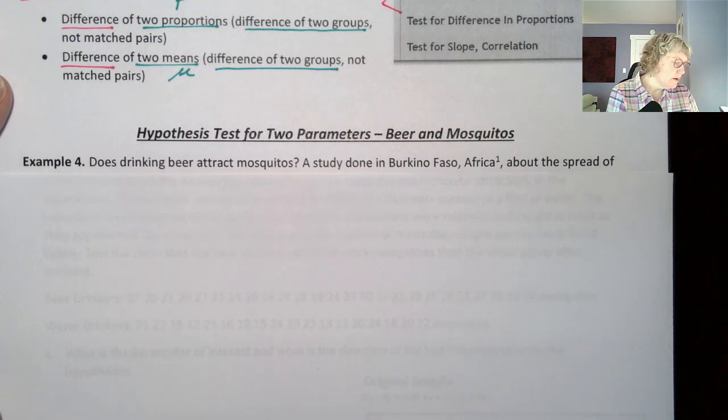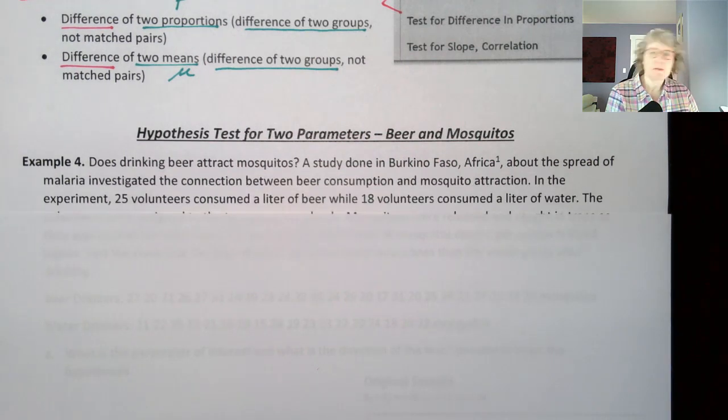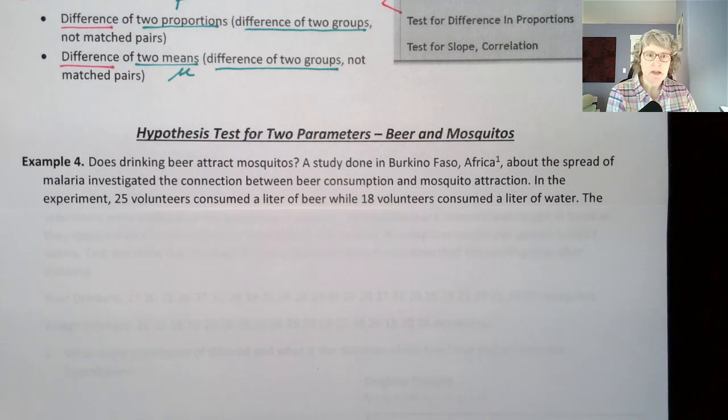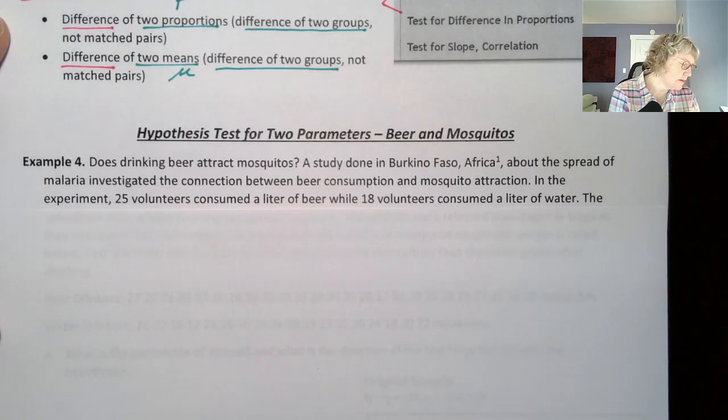It was done in Burkina Faso, Africa, because there's malaria, and with the rise of industrialization there, alcohol consumption has increased. This study was done to first see if there's a significant attraction from beer more than water, and then to do public education about this.